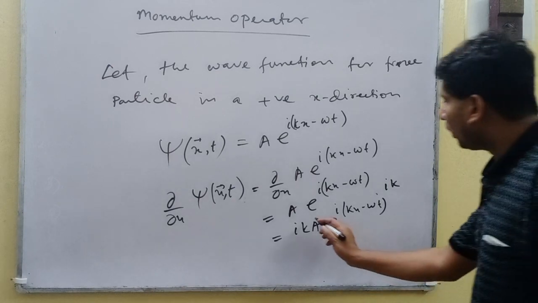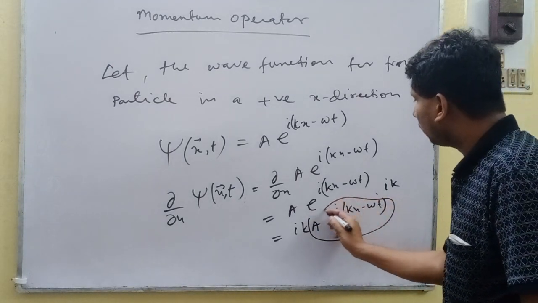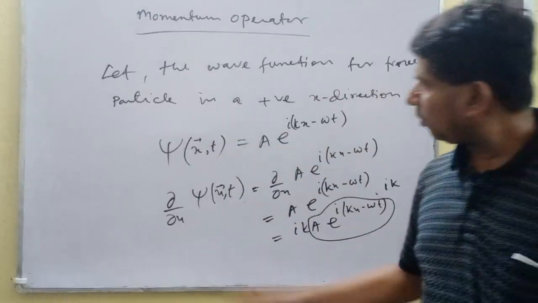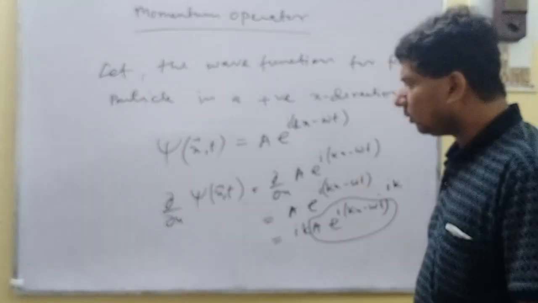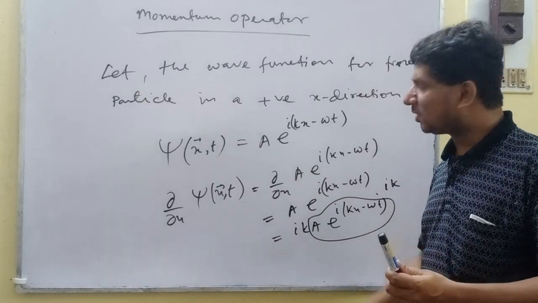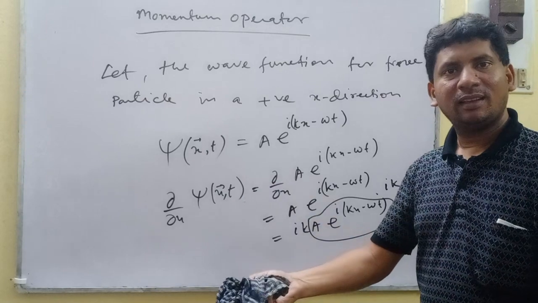Okay, and what is this? This is the original wave function. So del x is an operator which can operate and give another function.